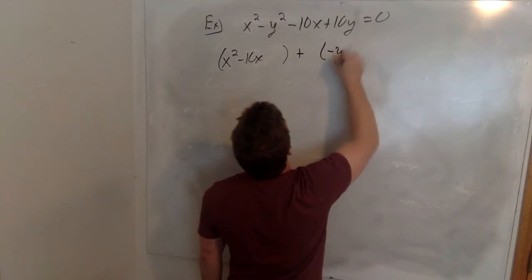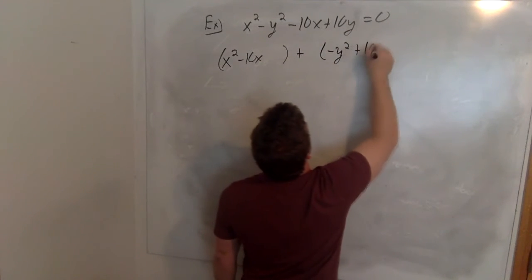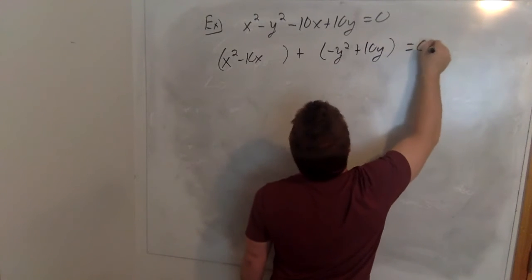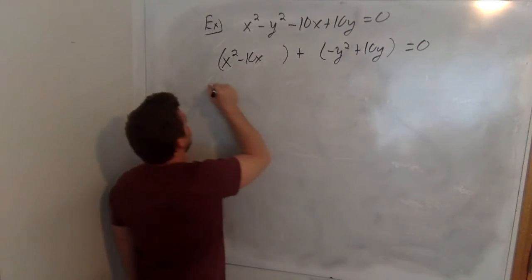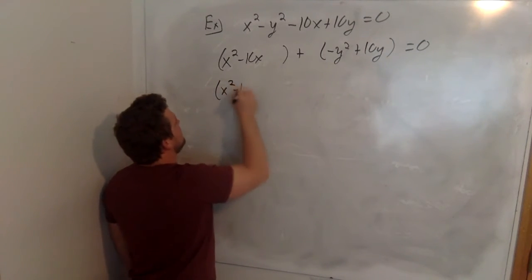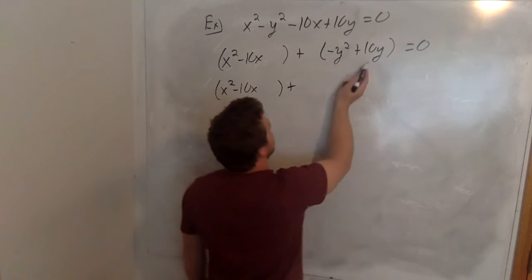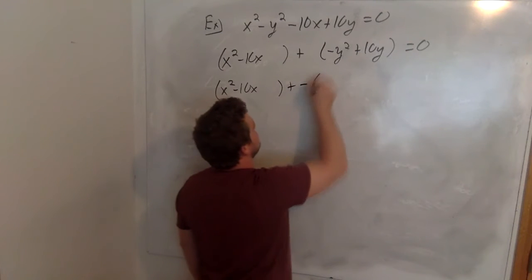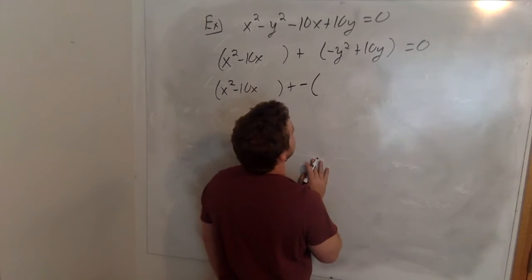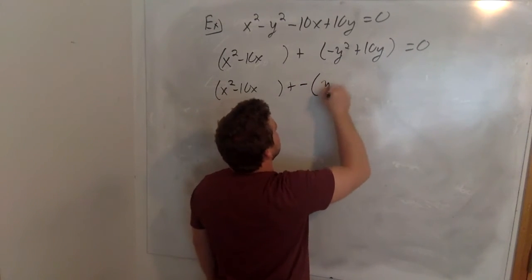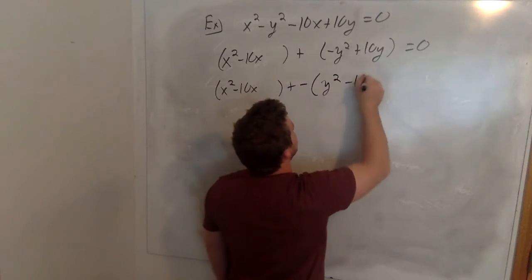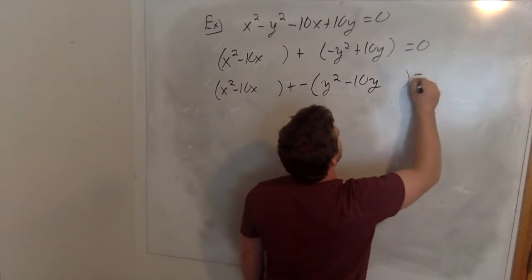So we'll have a -y squared plus 10y. For x squared minus 10x, there's nothing I need to factor out front. However, I need to factor this -1 out. So we'll factor out a negative, and we'd be left with y squared minus 10y.